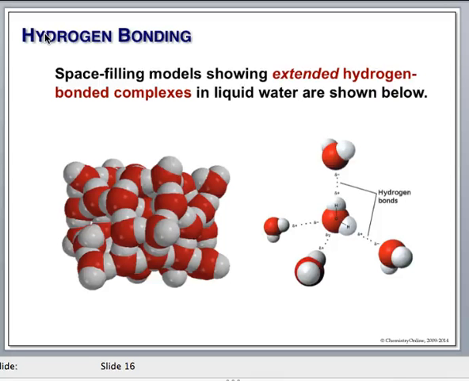Every 1 microsecond, so 1,000,000 times a second, these bonds will make, rearrange, and then break, rearrange, whatever. But on average, these things are bonded to at least a cluster of 8 water molecules. That's kind of like the given size of the cluster.